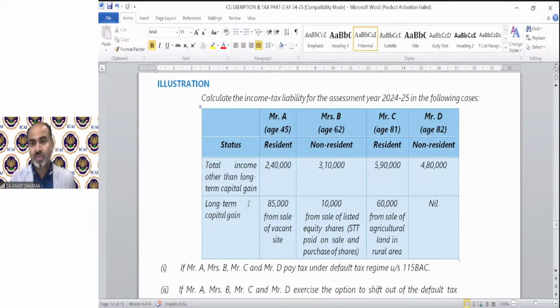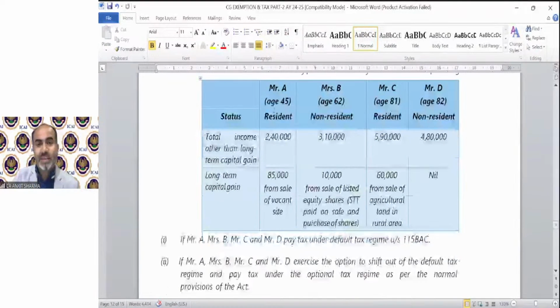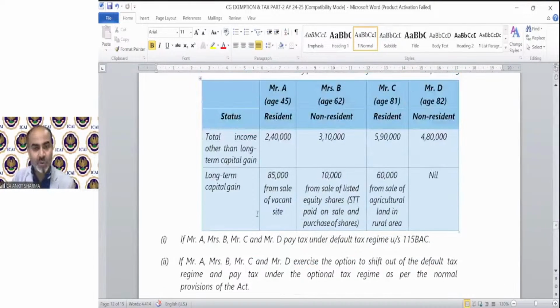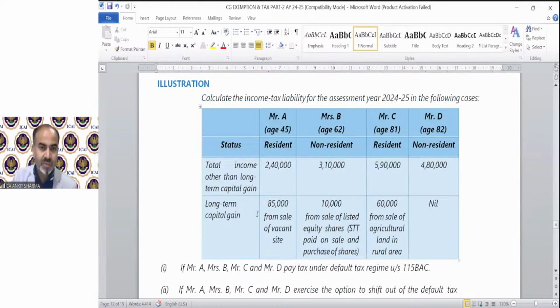Suppose Mr. A, age 45, has total income other than long-term capital gain of 2,40,000, and long-term capital gain is 85,000 from sale of a vacant site. You have to calculate the tax as per section 115BAC and the other regime also. This is the question. Clear?